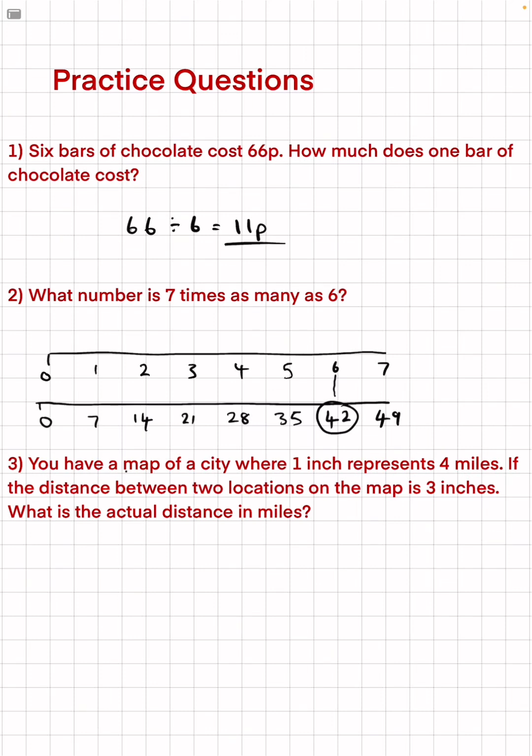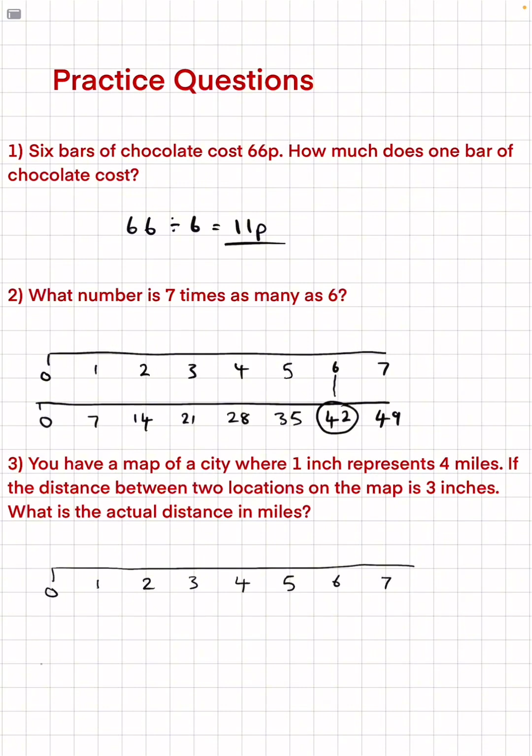Question 3 says you have a map of a city where 1 inch represents 4 miles. If the distance between two locations on the map is 3 inches, what is the actual distance in miles? Again, if we draw out the number line, we've got 0, 1, 2, 3, 4, 5, 6, and 7.